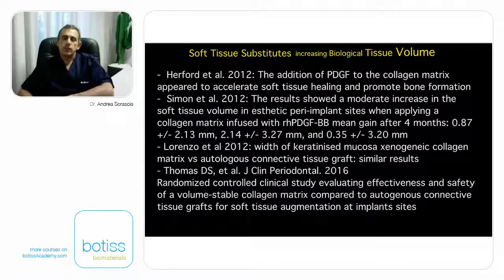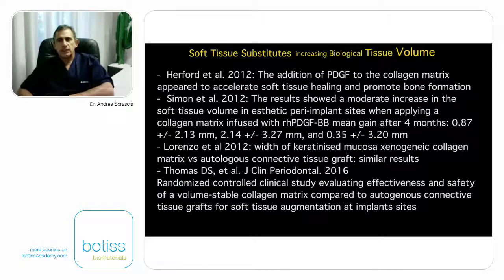Scientific research is giving us a first guideline to have the chance to use substitute soft tissue for increasing the volume of soft tissue.